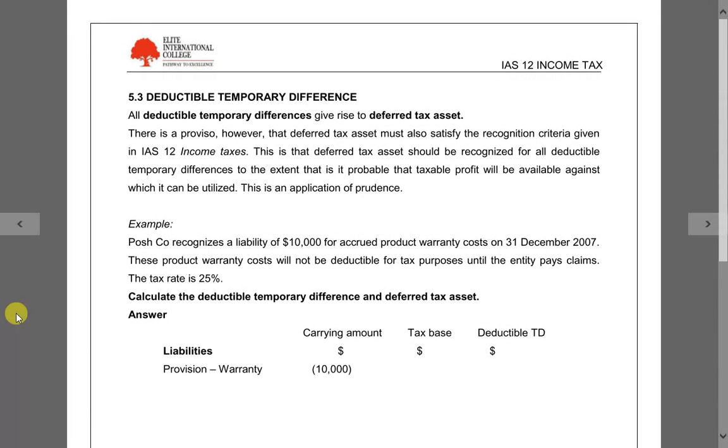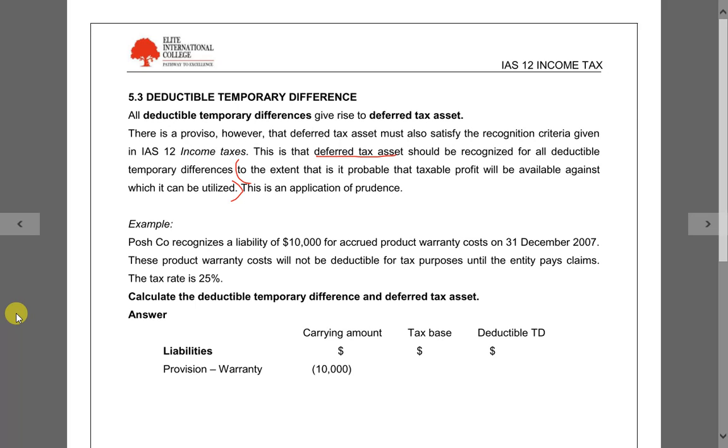Page 132. Deferred tax asset, we have a star. Why? Because they should be recognized to the extent that it's probable that taxable profit will be available against which it can be utilized.